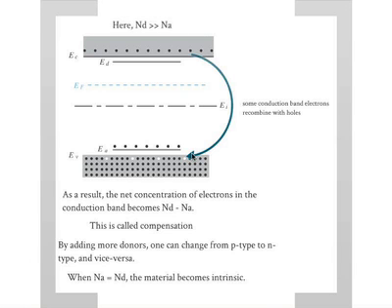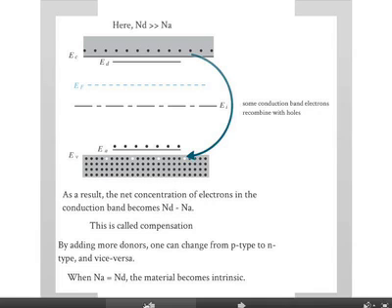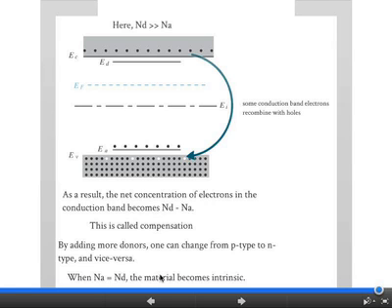Another way to think about this is that you can keep adding donors and change a p-type material to n-type. Let's say you start off with a p-type material. I can increase Nd until they're equal, and then it becomes intrinsic. If I keep increasing the donors, it becomes n-type.